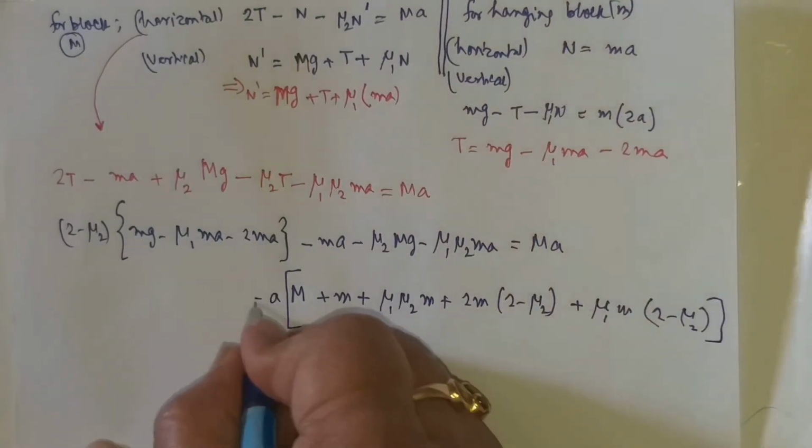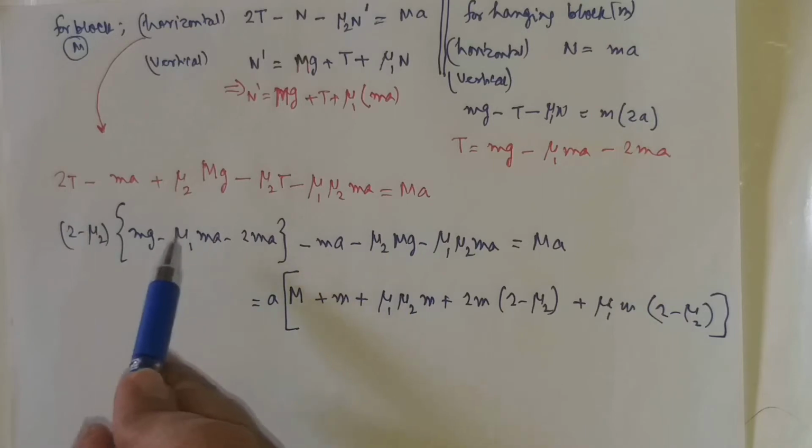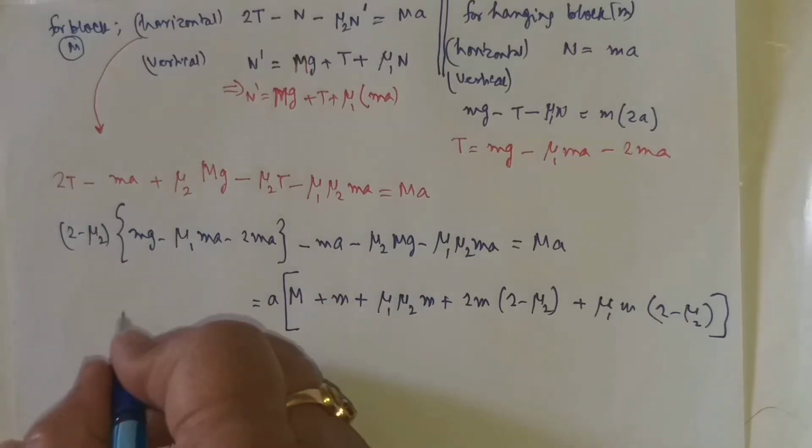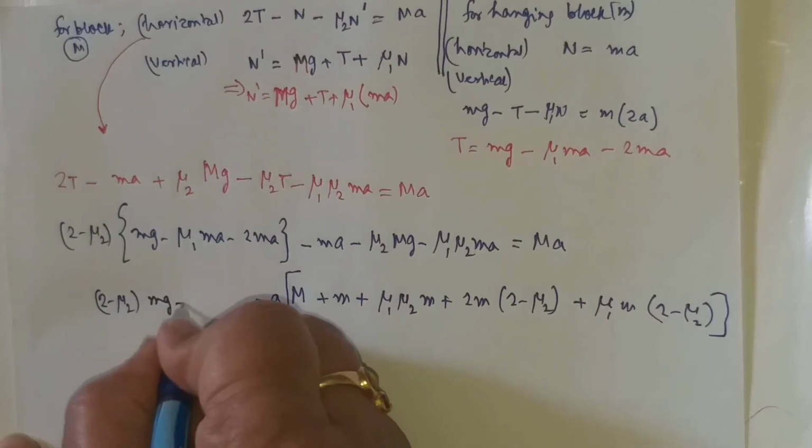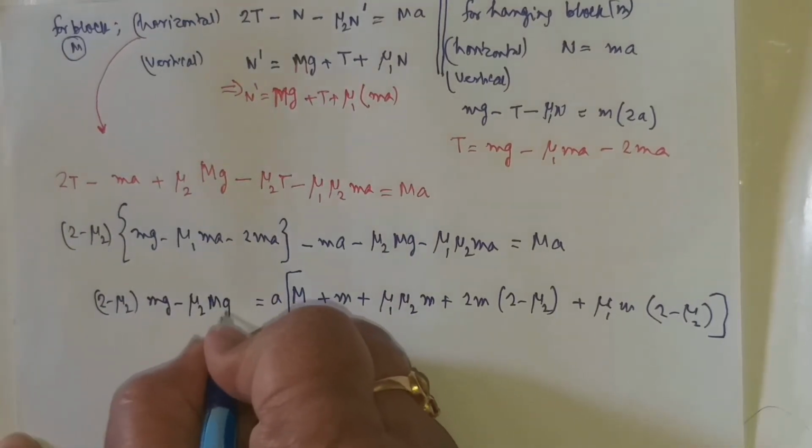All these contain A. Here I have taken this, and on this side it will be 2 minus mu2 into small mg minus mu2 into capital Mg.